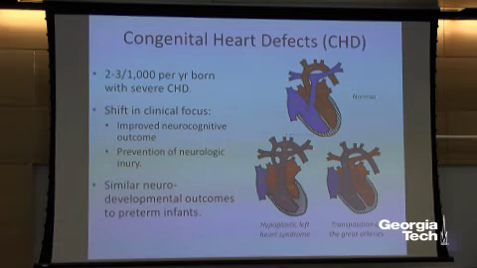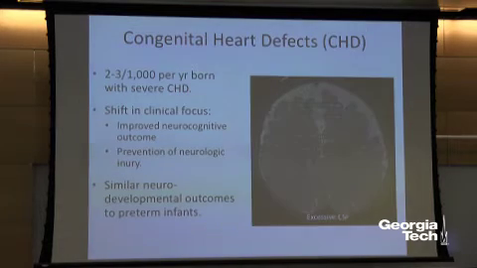These patients have similar neurodevelopmental outcomes to preterm infants in that they have ADHD, speech and language abnormalities, some motor deficits, impaired visual spatial skills, a whole smattering of deficits.